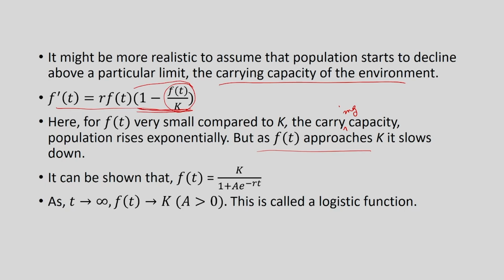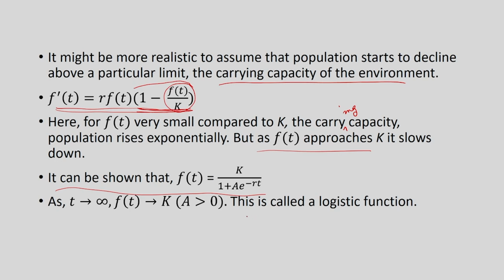Okay. It can be shown that if I start from this particular form, I can go to this particular form, right. F(t) is equal to capital K divided by 1 plus A e to the power minus rt.